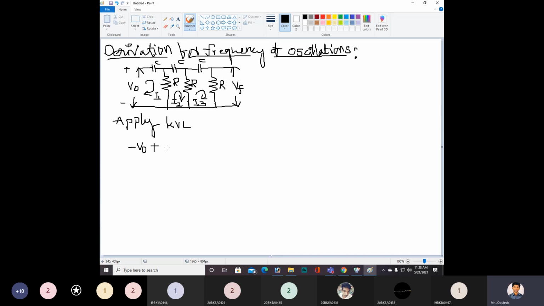So because of that reason we are getting minus V naught plus, for capacitor 1 by j omega c into current I1 plus R into, here we have both currents I1 and I2, right? So I1 minus I2, equals to 0.